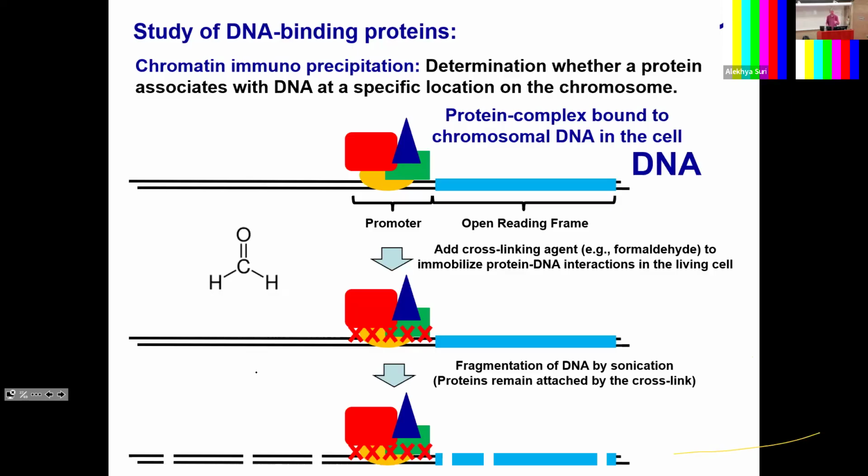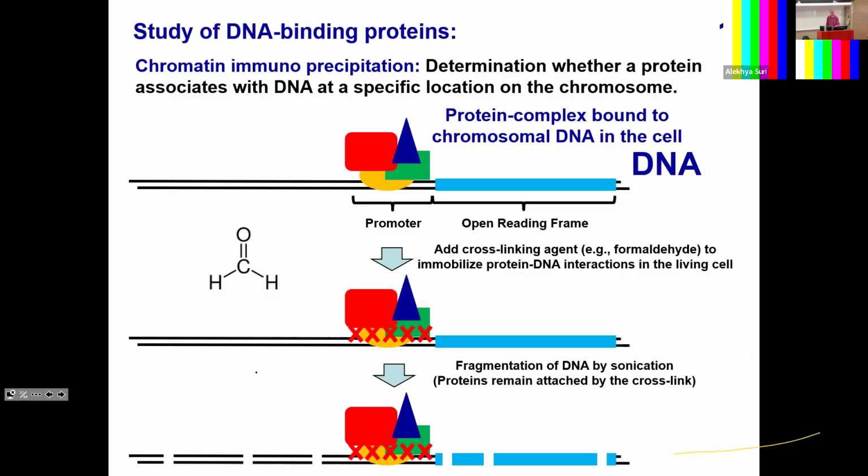Because the next step, you would use an antibody to identify a specific protein in this complex. So to know that the protein complex is bound to a specific DNA fragment, you would cause fragmentation of the DNA by sonication. So you see this at the bottom here.